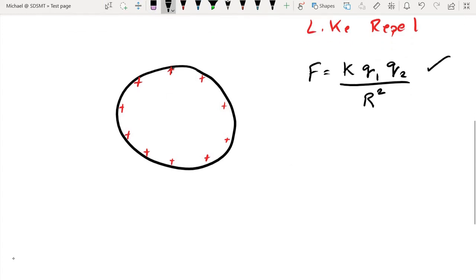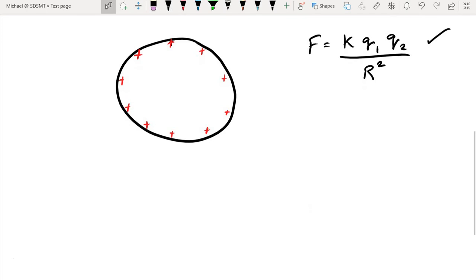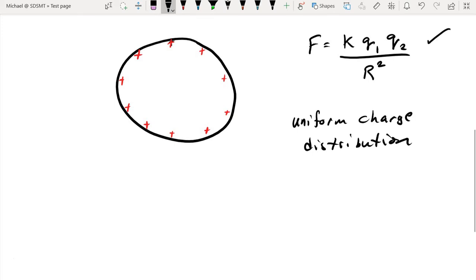And that's going to be a very important concept as we move forward in this semester, the idea of uniform charge distribution. So I have the same amount of charge per unit area everywhere on the surface of this sphere.